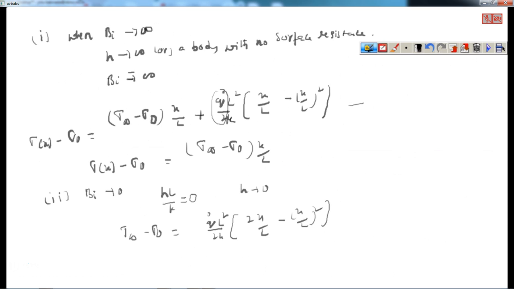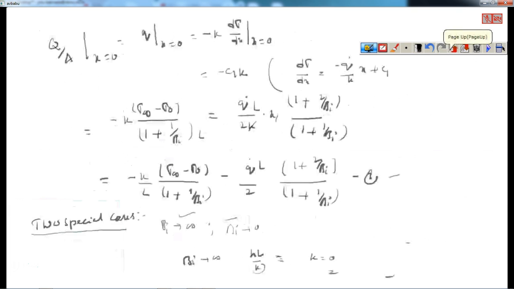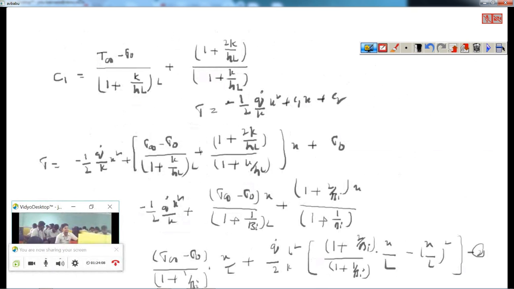I'll go back again to explain this also. Okay. If you go here, Biot number tends to 0, this is equal to 1 by 0, right? Then what will happen? T infinity minus T0 by 1 by 0 is equal to 0, you can check it here.